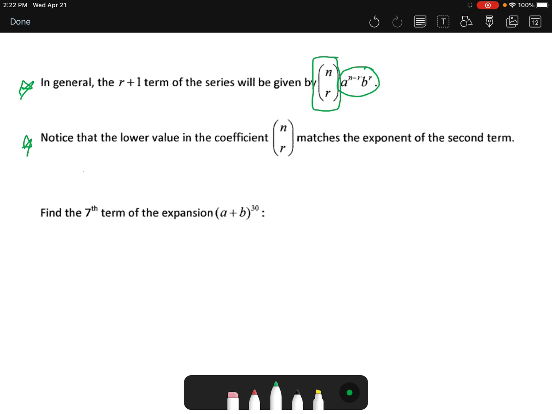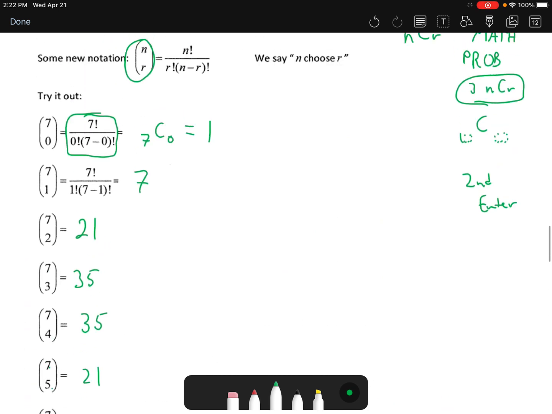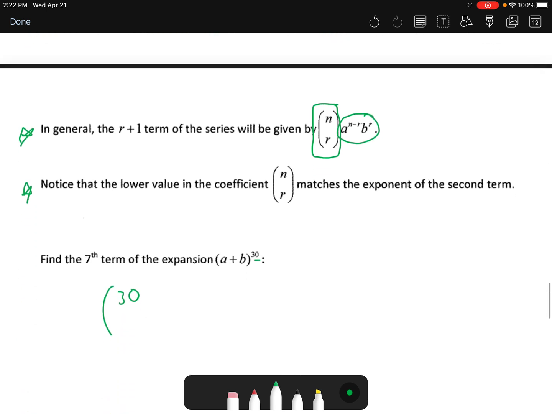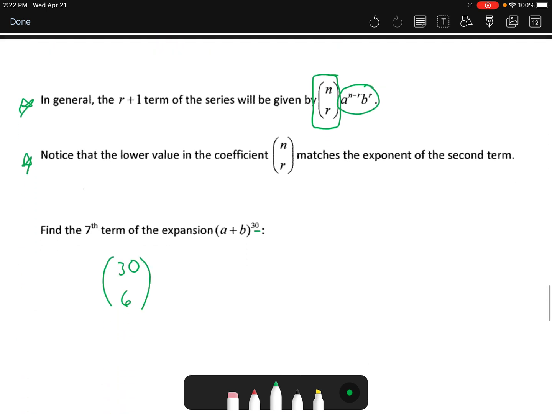So we're going to find the 7th term of (a plus b) to the 30th. So that would be 30 choose... Now, if it's the 7th term, remember the first one is choose 0, so the 7th term would be choose 6.